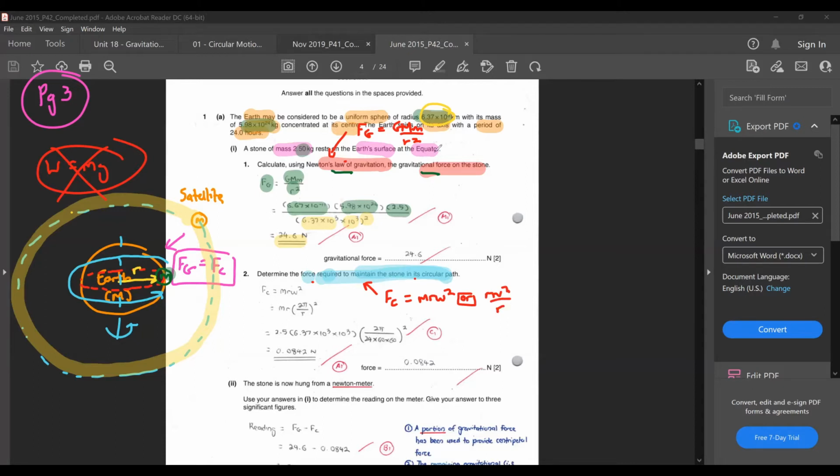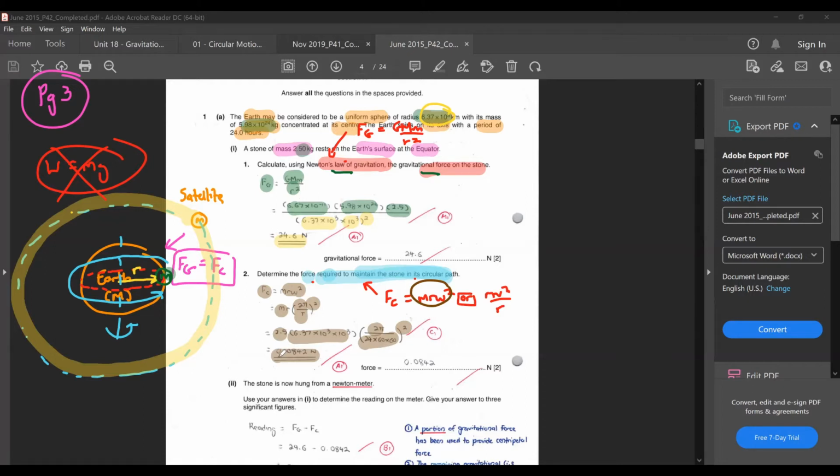But you would tend to use m r omega squared because you know the period, because omega can be changed to 2 pi over T. So it is m r omega squared, m r times 2 pi over T squared, then sub in everything that you've done before, and then eventually you get the answer as 0.0842 Newton. Okay, so this is your centripetal force required.